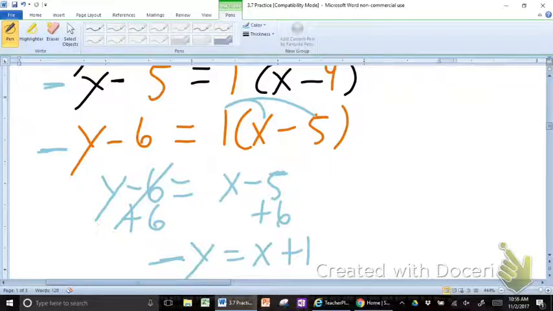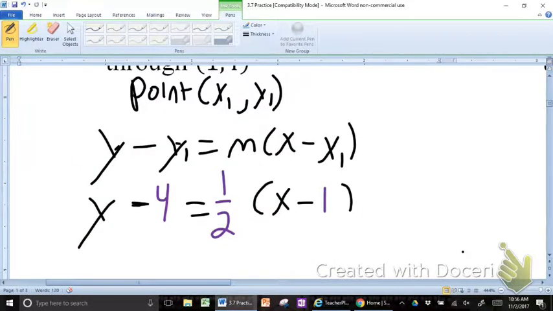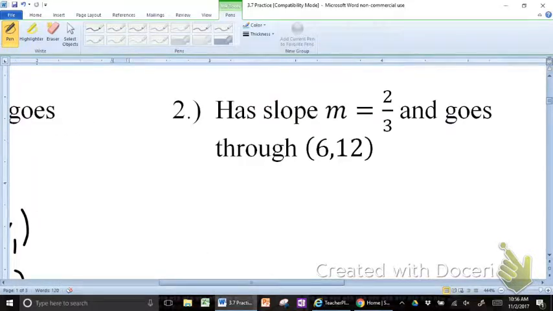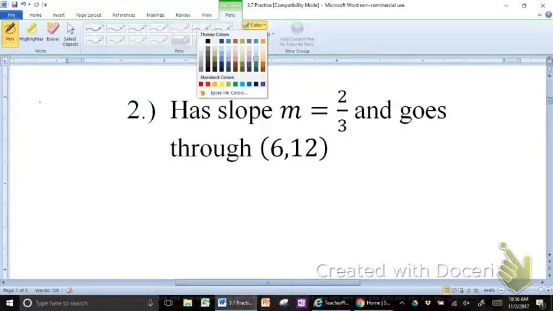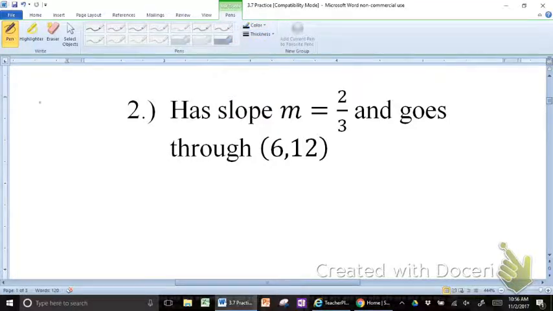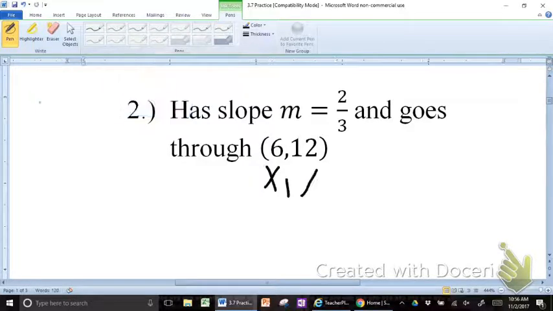All right. So actually we have a little bit more time than I thought when making this video, so I'll go through the other two real quick. So let's take a look at number 2. It has slope m equals 2/3 and goes through (6, 12). (6, 12) is the x1, y1. m equals 2/3 is the slope.